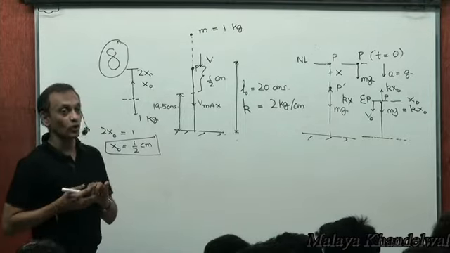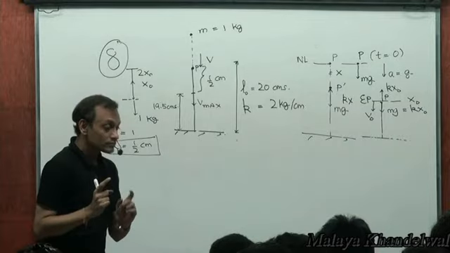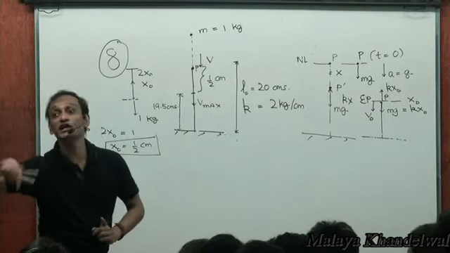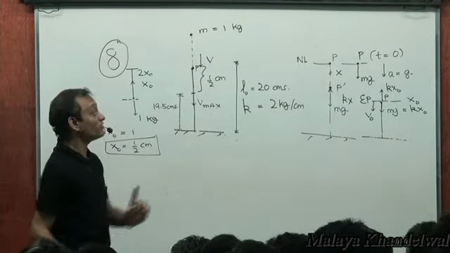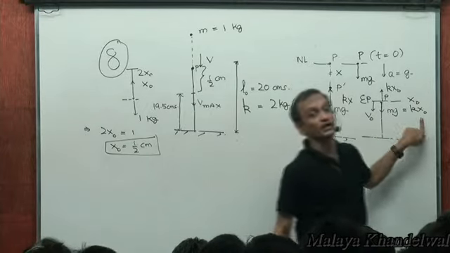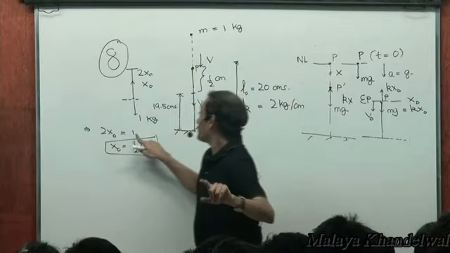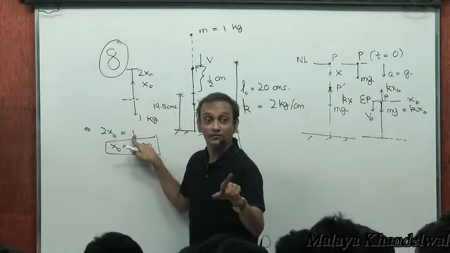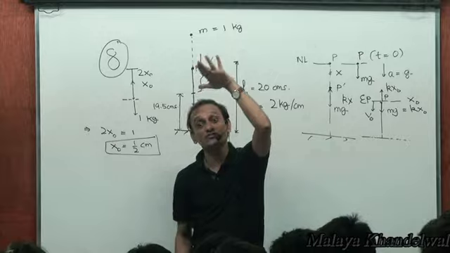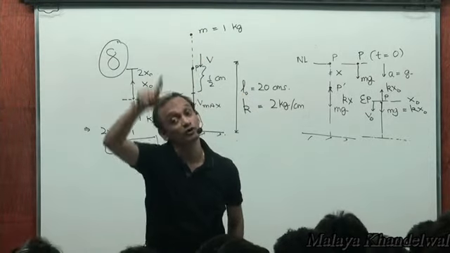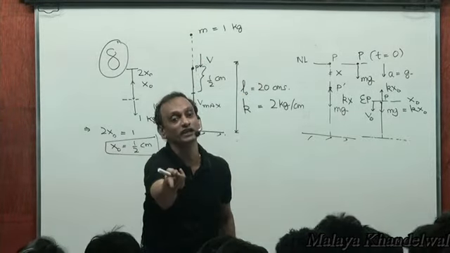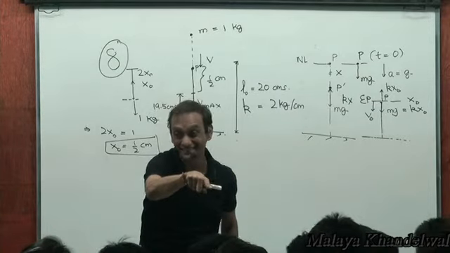I'll tell you why there is no option. Because whoever must have said the option would have taken mg equal to kx naught. Now, if what you were thinking, I took this as 10, x naught will be 5 centimeters from top, matlab 15 centimeters from bottom. So if you make a mistake, you will get the wrong answer, right?